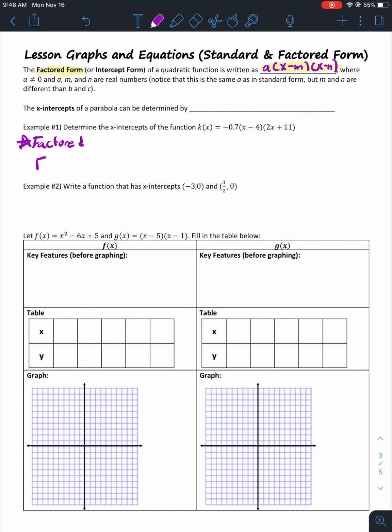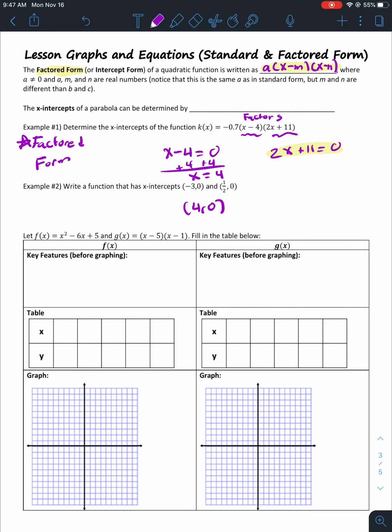And the reason why I know that is because these are called factors. So you take each factor and you set it equal to 0. And then you solve them. Here, all you do is add 4, x equals 4. So you're going to get 4 comma 0. The one that we normally mess up on or have some issues with is this one.